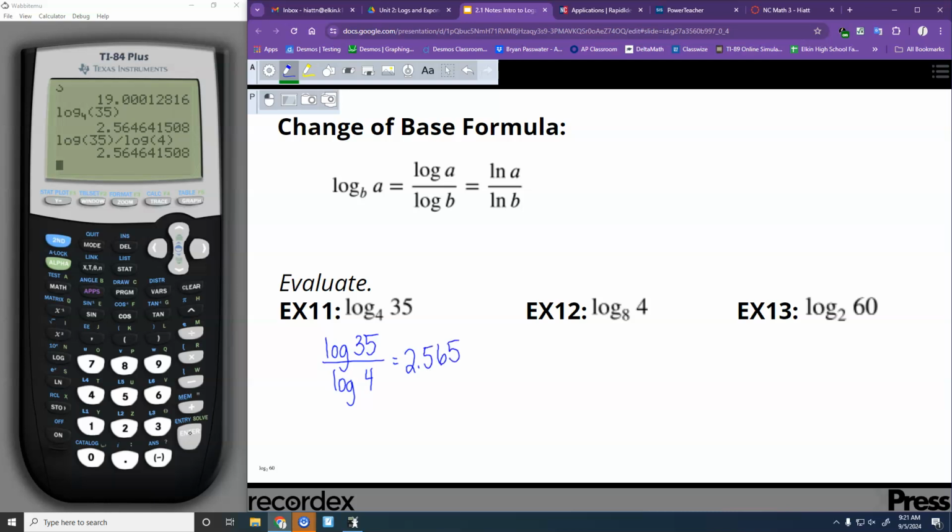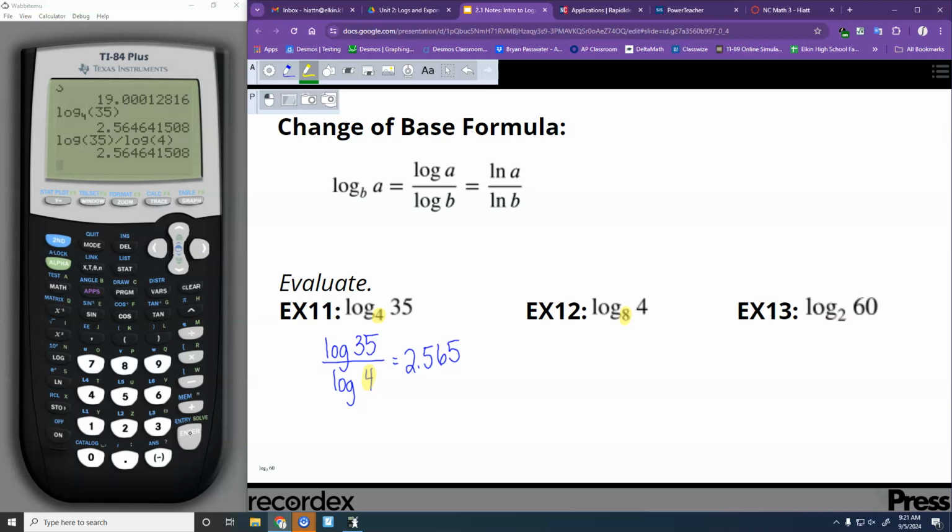I'm going to go 3 decimal places. Okay, the base of the log always goes on the bottom of the fraction whenever you use this change of base formula, which kind of makes sense, right? Base should be on the bottom, like when the cheerleaders are building a pyramid, the base are the people on the bottom, right?